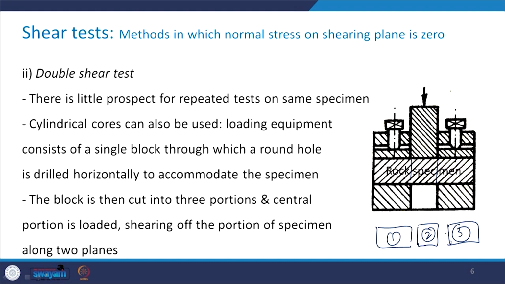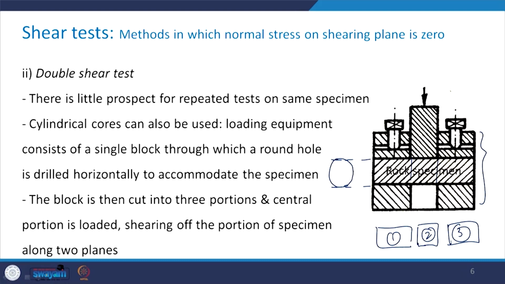So, for that this is the loading equipment, and through which here, if you just see here, I take this side view. So, here this is a circular hole can be made in the horizontal direction to accommodate the specimen.